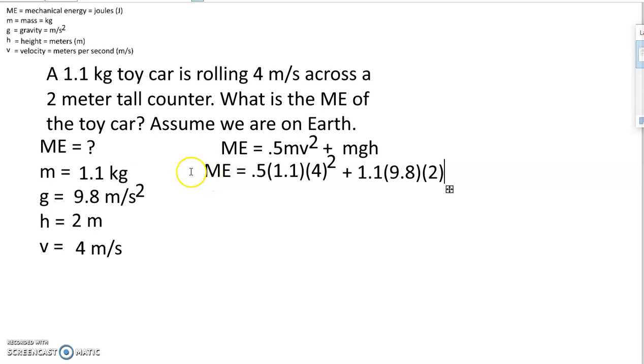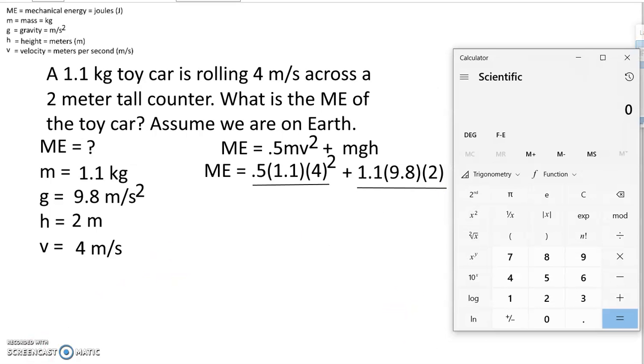If you haven't already, I highly recommend you copy this down and follow along and create a set of notes to use in the future. What I am going to do is multiply everything I can. I'm going to start by multiplying all of this and all of this. Let me get a calculator.